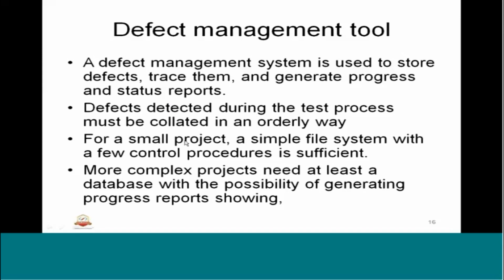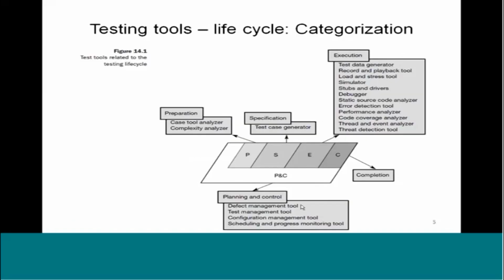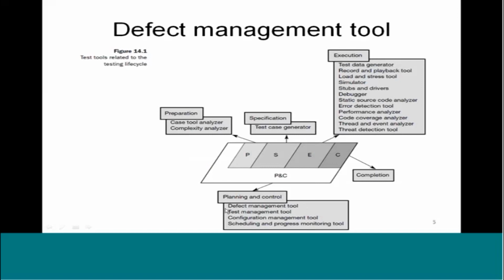For a small project, a simple file system with a few control procedures is sufficient, whereas more complex projects need at least a database with the possibility of generating progress reports. The tool should help the testing team analyze where they are. So defect management tools such as Bugzilla can be used for management of the defects. So that is part of the planning and control.